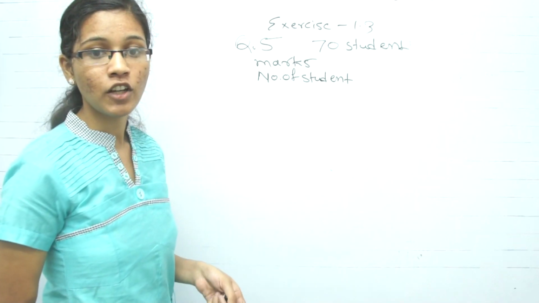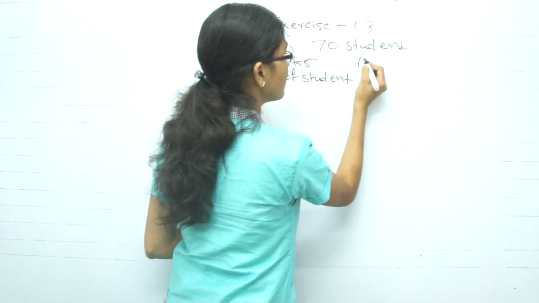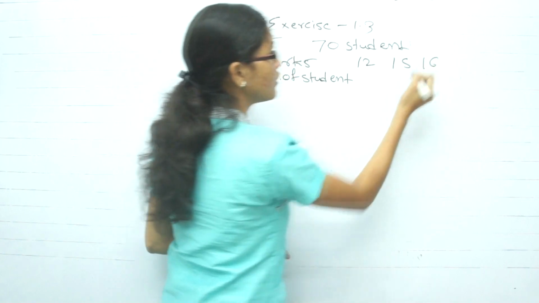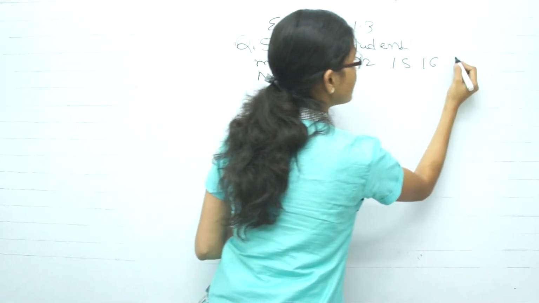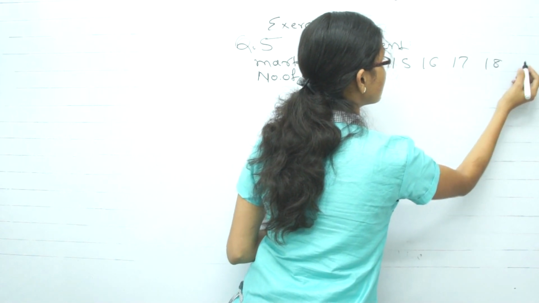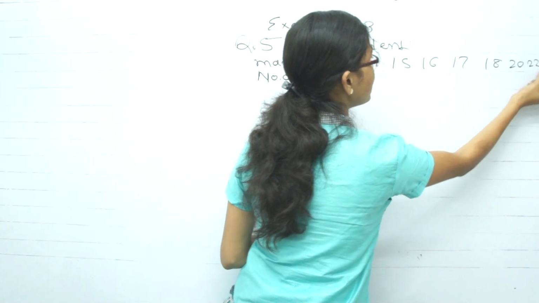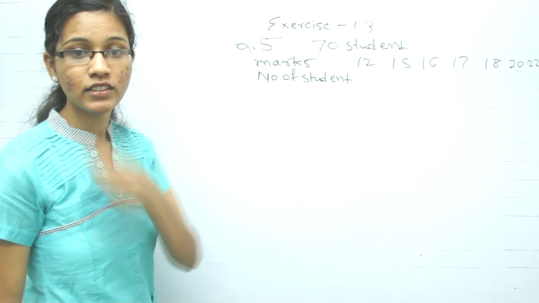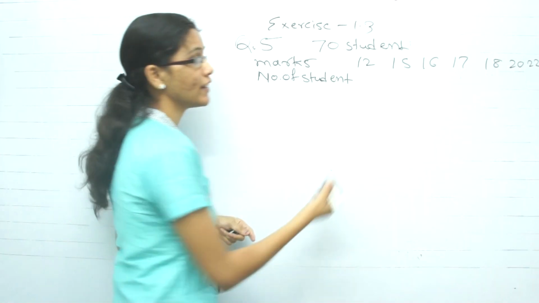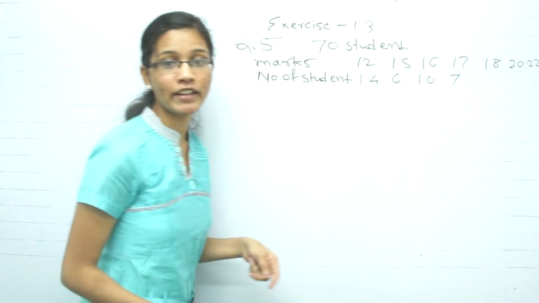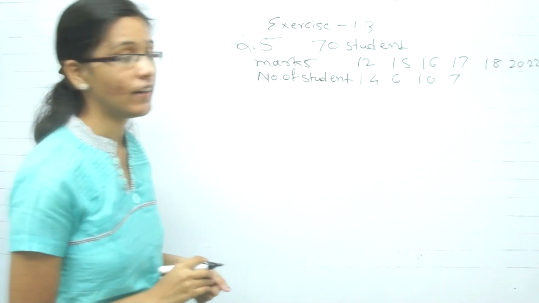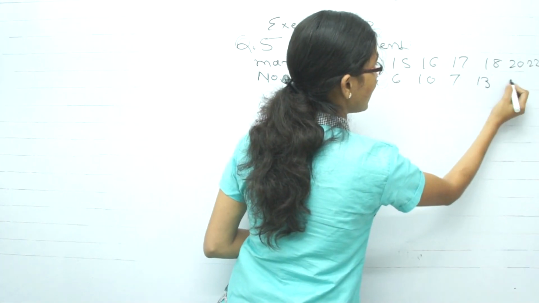Marks are 12, 15, 16, 17, 18, 20, 22, and the number of students are 14, 6, 10, 7, 13, 8 and 12.